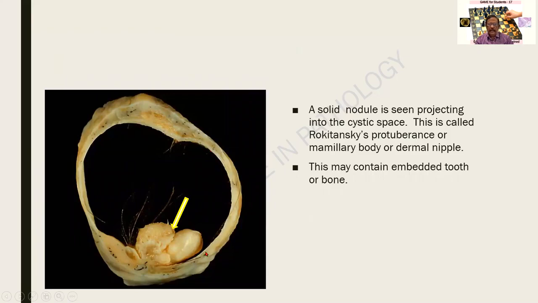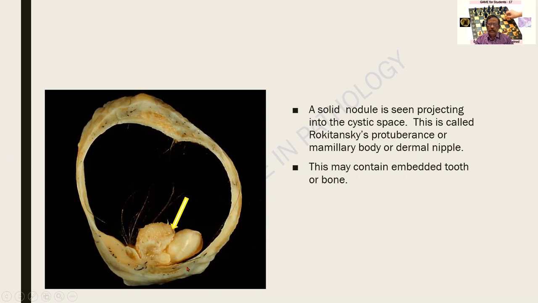This is again a schematic photograph of the same. I am finding a cystic lesion. The cyst measures so many centimeters or millimeters in thickness, and it is showing solid areas by the yellow arrow, and the black one is the cystic space. I am also finding strands of hair which are projecting into the cystic space.